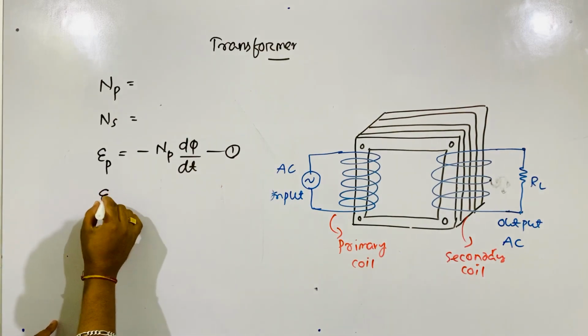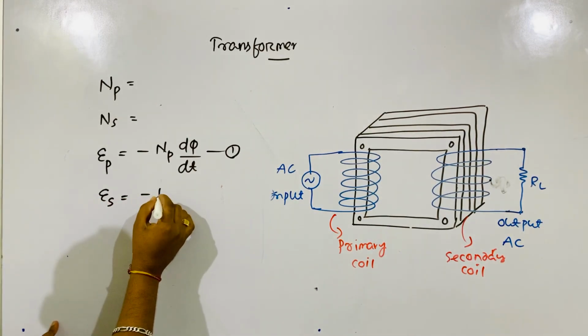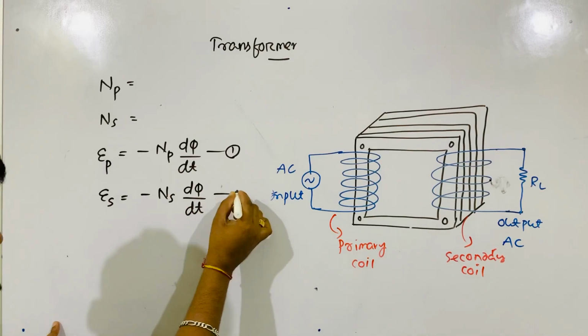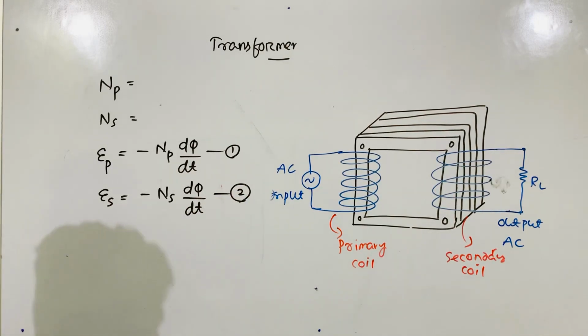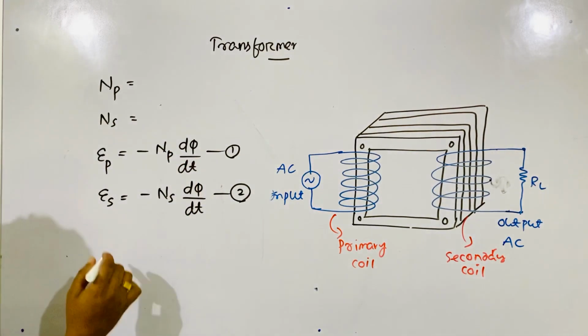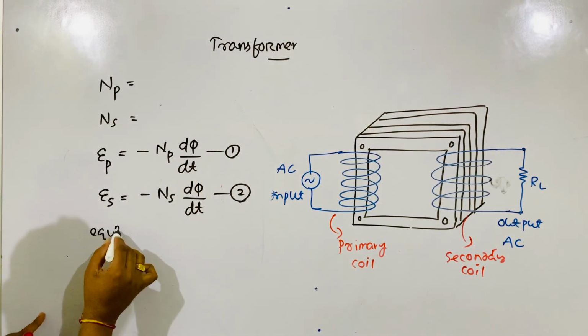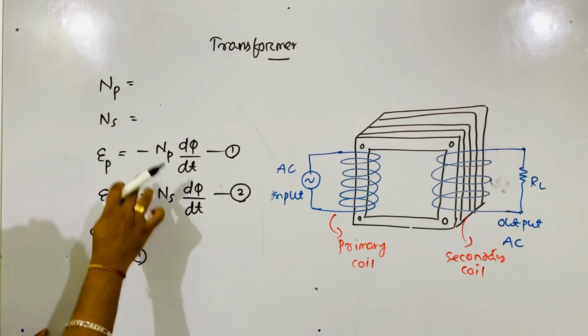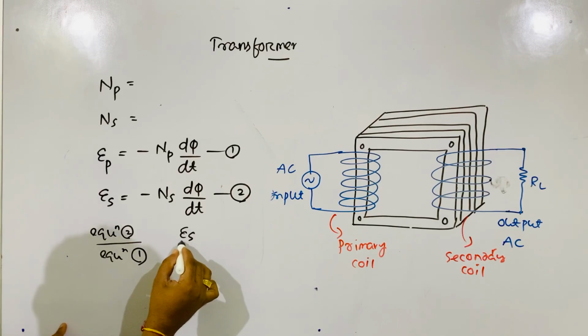Then the EMF induced in the secondary, ES, I am writing, equals minus NS d phi by dt. Equation number 2. Already you know these formulas. Now divide equation 2 by equation 1. What will we get?